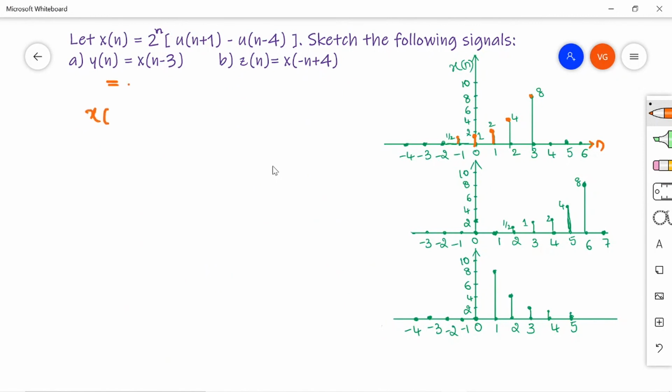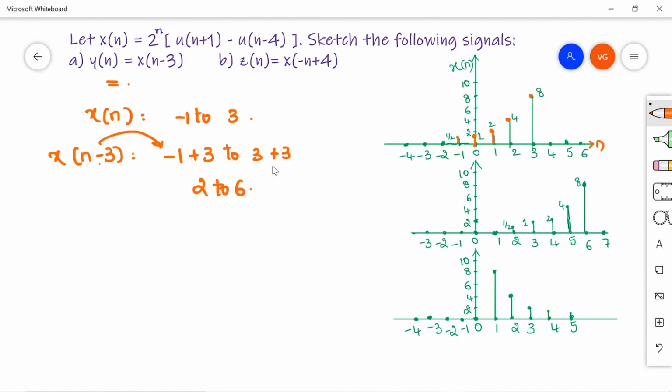Now x of n has the range from minus 1 to 3. Now x of n minus 3 will have the range, just take this minus 3 to the other side, minus 1 plus 3 to 3 plus 3. That is 2 to 6. Signal has to start from 2 to 6. N is equal to 2 to 6. Then what about the amplitudes?